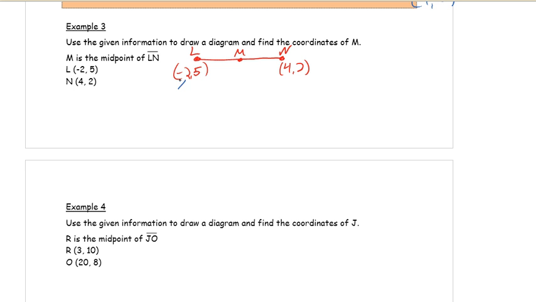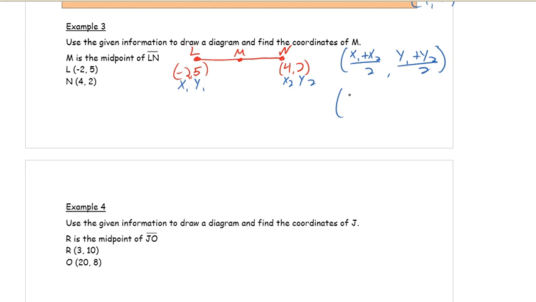Okay, we know that this is x1, this is y1, x2, y2. So we're going to follow our formula, which tells us take the average of our x's, comma, the average of our y's, and that's going to be our midpoint. So it shouldn't be too bad.